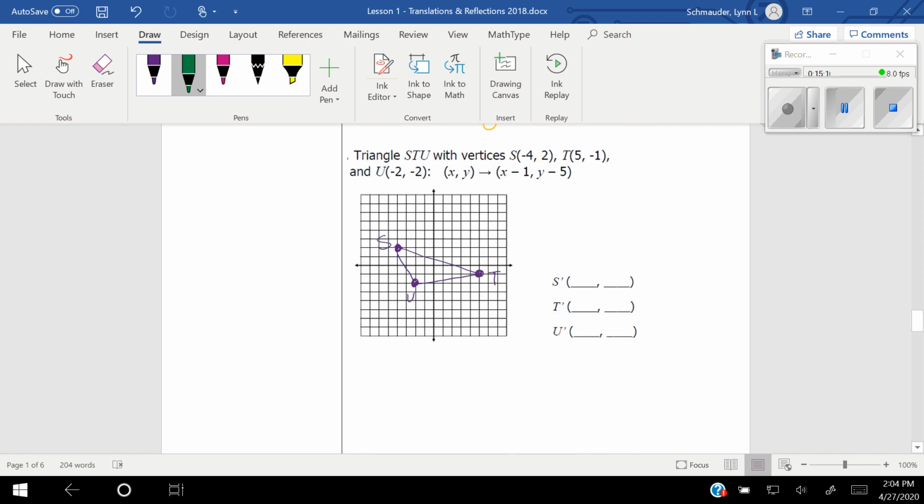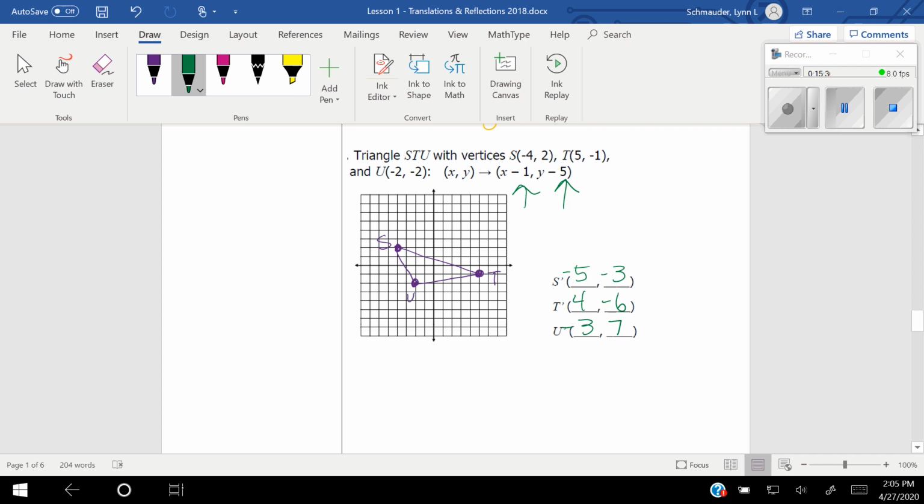Okay, this one is a simple translation. We're going to take all these points. We're going to go left 1 and down 5. So I'm going to trust you to be able to do that. And what you're going to end up with is -5, -3, and 4, -6, -3, 7.